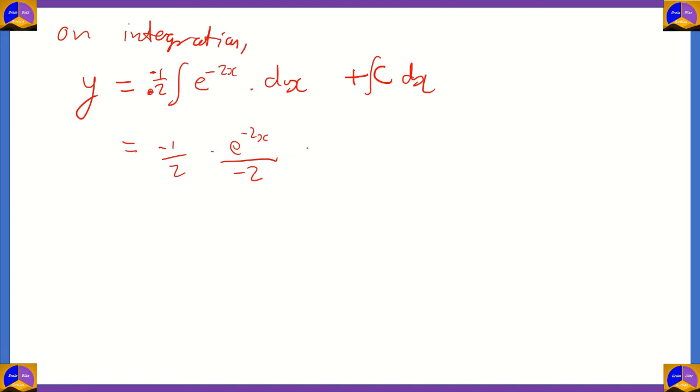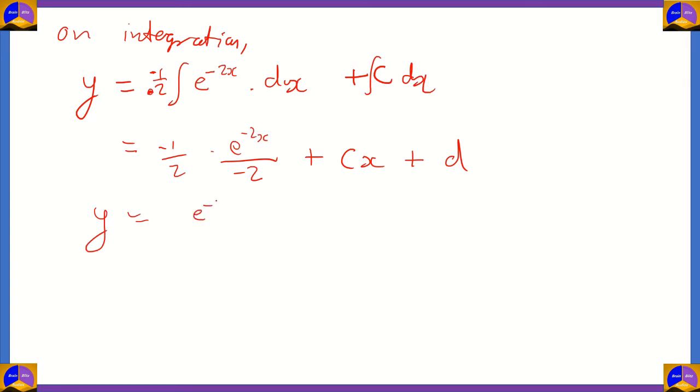And then the constant here will now become cx, because integration of a constant c into integration of dx will give you c of x, and then there will be an integrating constant. So here, since we can't put c, we'll just put it as d, and then we'll have to simplify here.